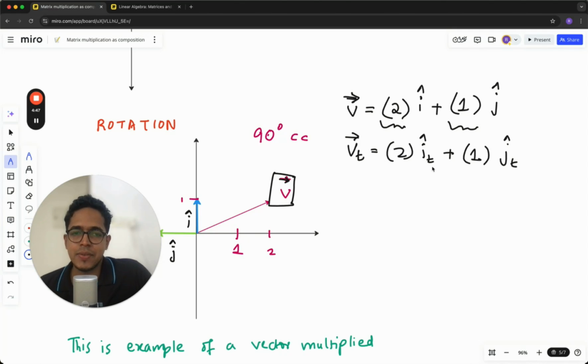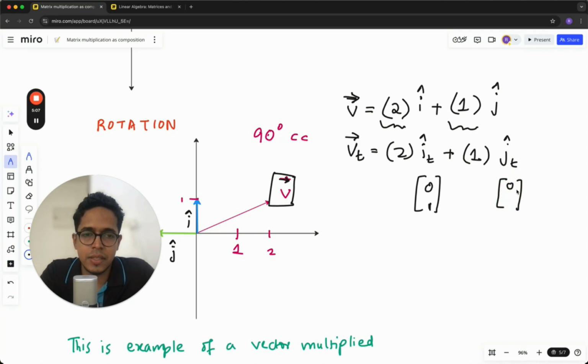What is transformed i? The coordinates of transformed i are 0, 1. This is how the transformed i vector looks. What about the transformed j? Transformed j looks like -1, 0. So the transformed v is the same scalar multiple.